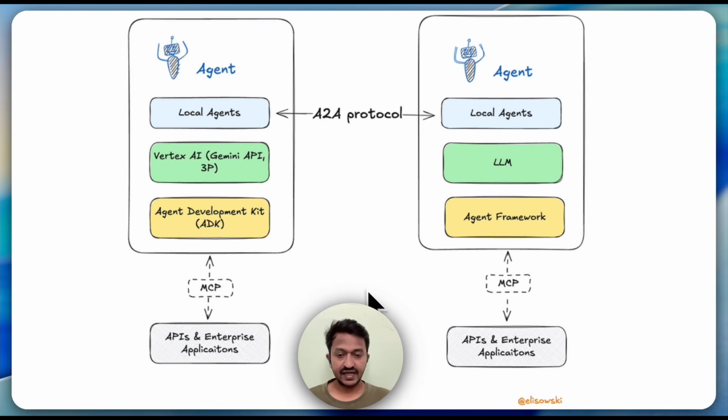Whereas A2A connects agents to other agents. It's kind of a horizontal integration. So that's the main difference between MCP and A2A, but they can complement each other. It's not whether I should use this or that. You can actually use both for proper workflows.